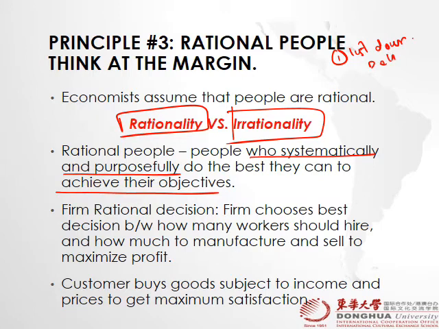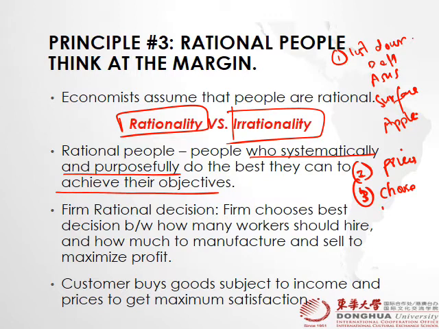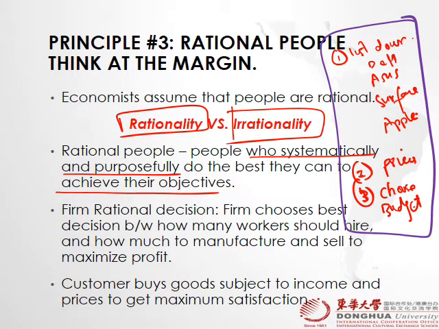We have Dell, we have Asus, we have Surface, we have Apple, right? And then second, you note down the prices. Third, you choose according to your budget, right? So it means you are following some kind of process. So this is called rationality.